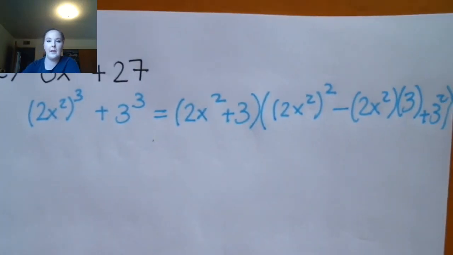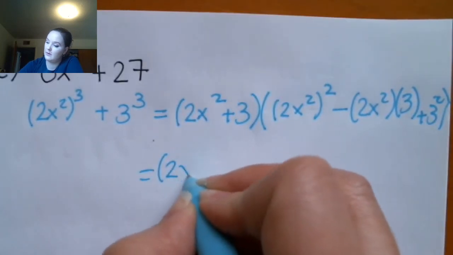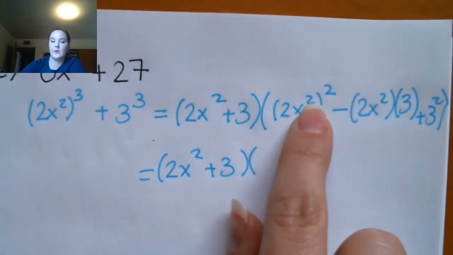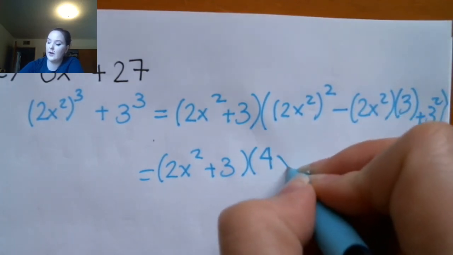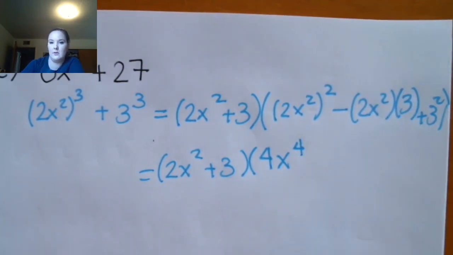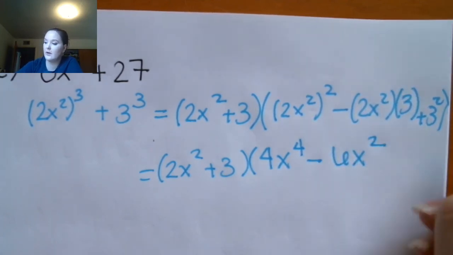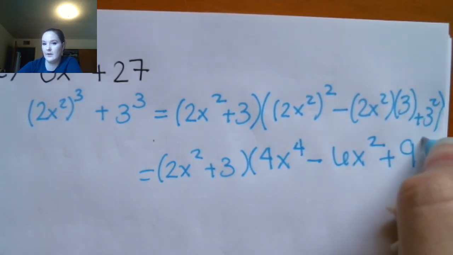Now we're going to simplify this part. 2x squared squared is going to be 4x to the 4th. Here I'm going to have minus 6x squared plus 9.